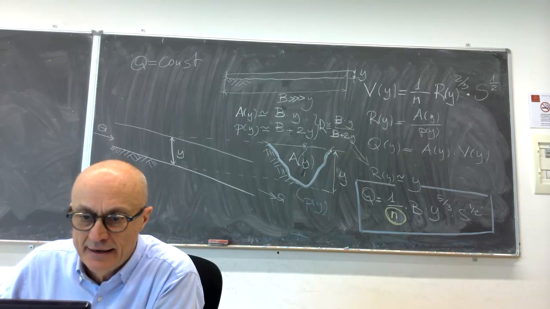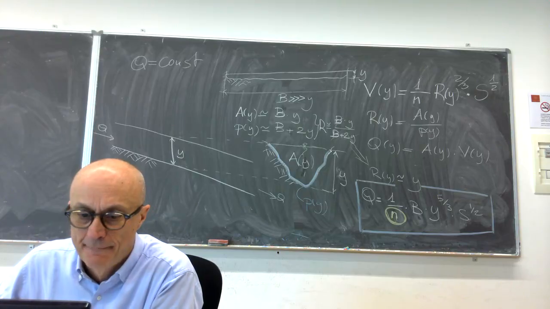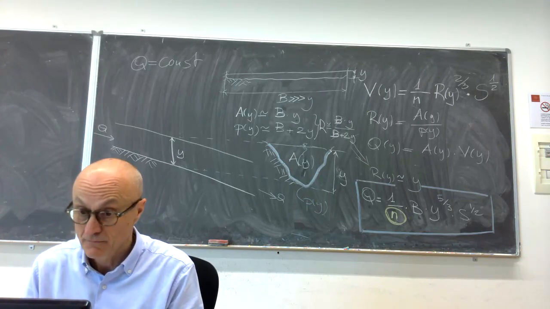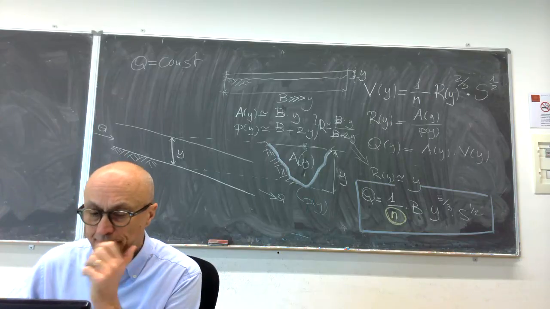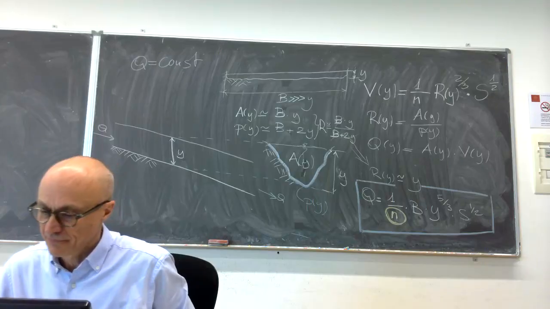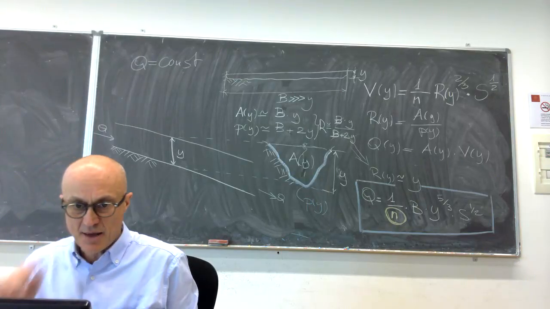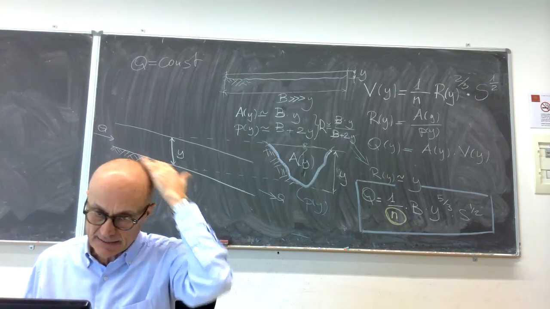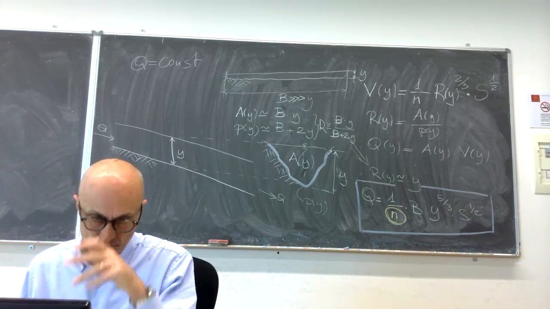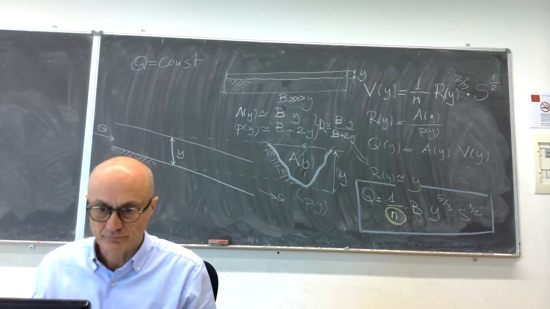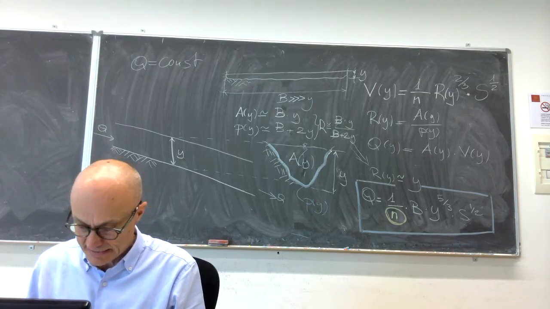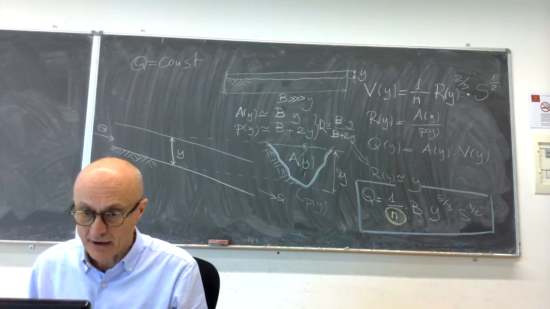So let's just have a couple of practical examples. We know that we have to set the roughness coefficient, which is in seconds times meters to the power of -1/3.